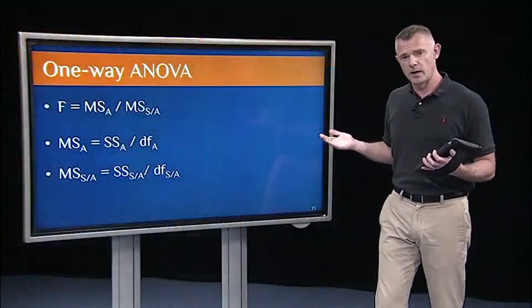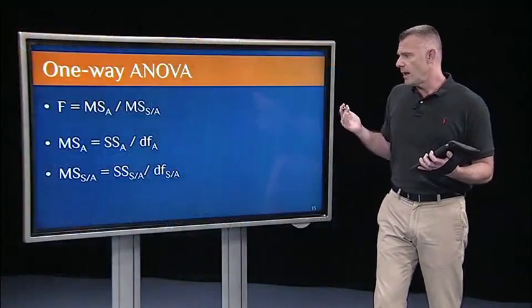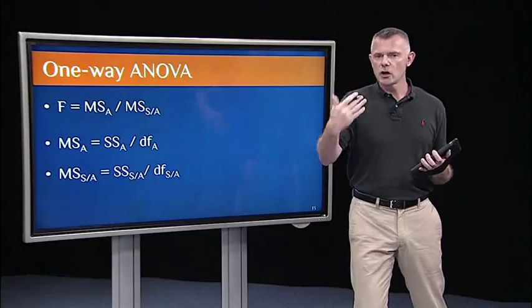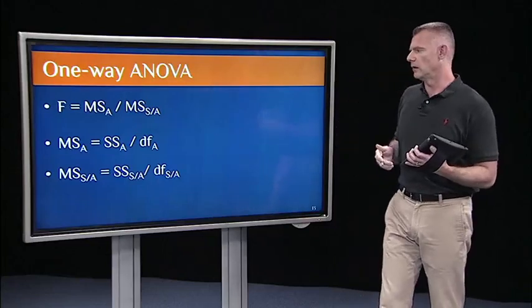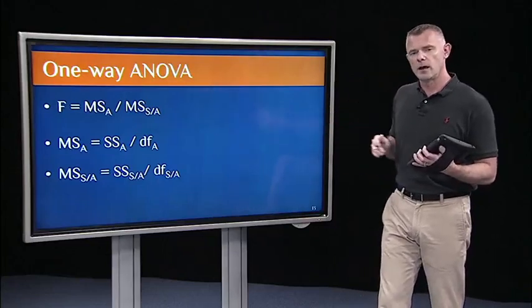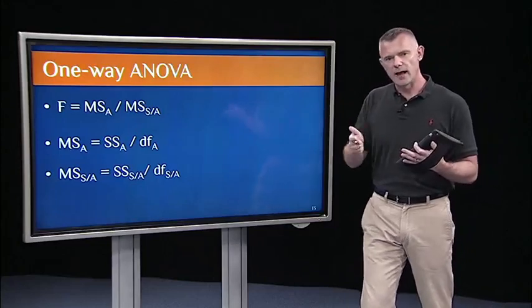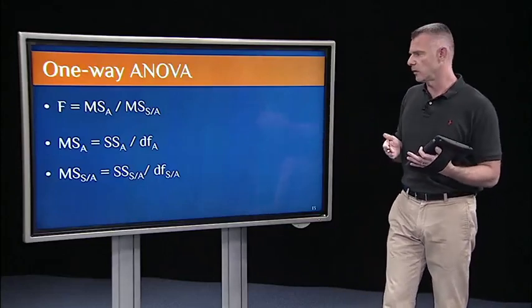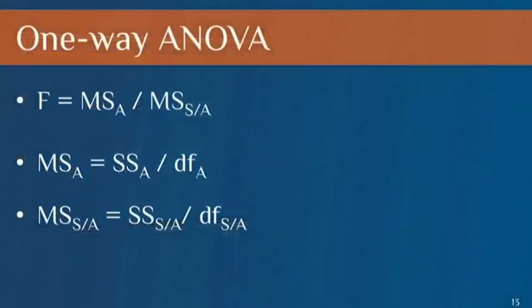Remember, a mean squares is just variance, so it's always sums of squares divided by degrees of freedom. And the number of terms that go into a mean squares is equal to, for A, the number of groups. So mean squares of A, in this example, we have 4 groups. We're going to compare each group mean to the grand mean to get the variance across groups.